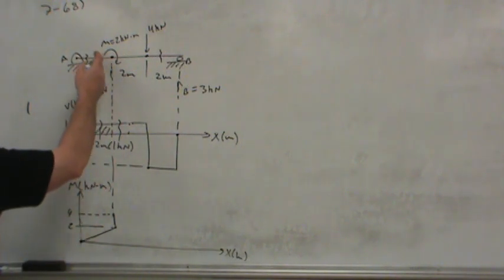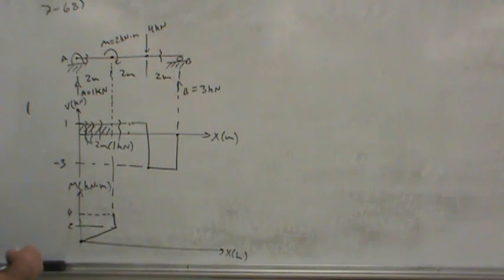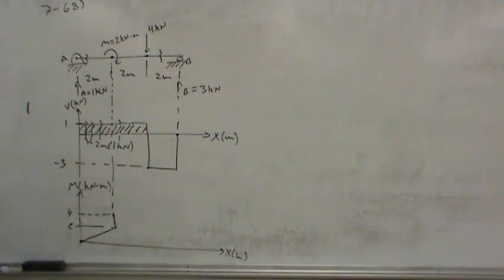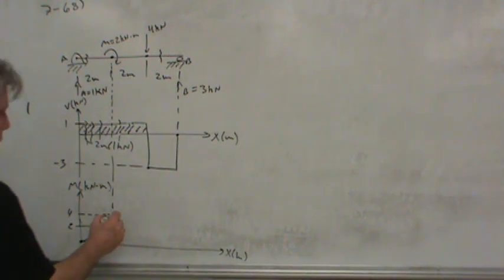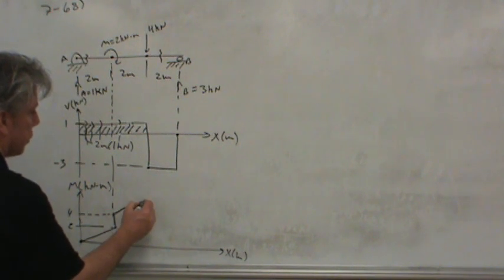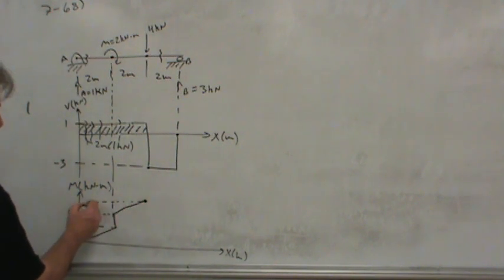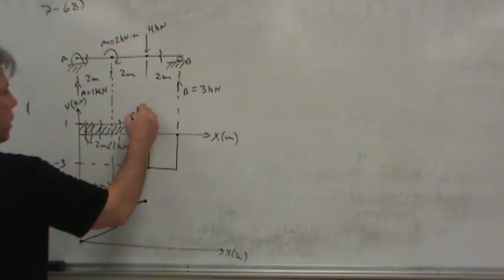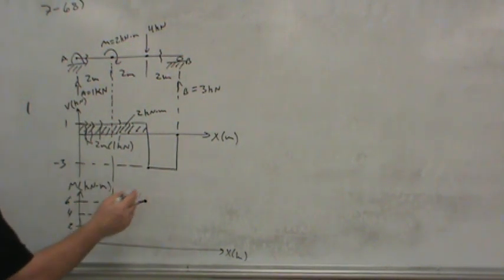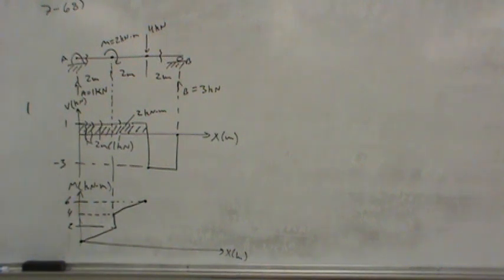Now, as we move along farther and farther, what happens? Well, more and more area accumulates. In other words, we're going to need more and more internal moment in order to resist motion within the beam. As a matter of fact, this area is also 2 kilonewton meters worth of area, and so we go up a further 2 kilonewton meters.